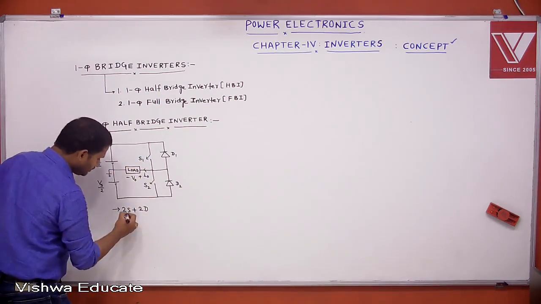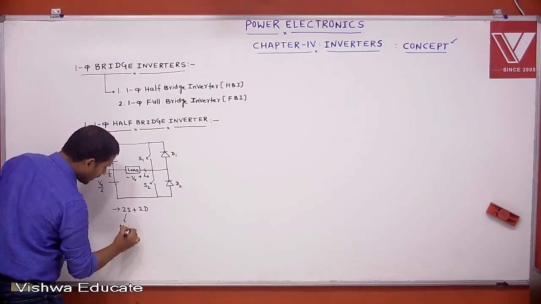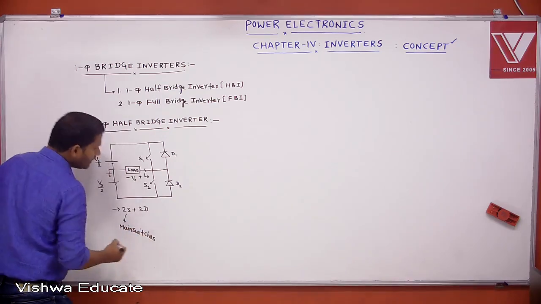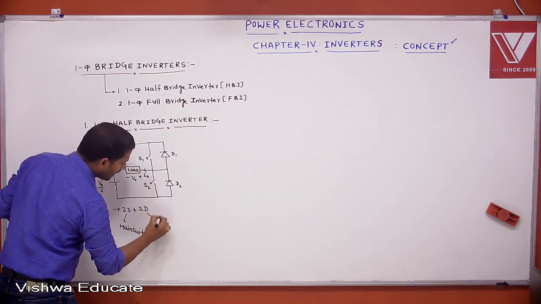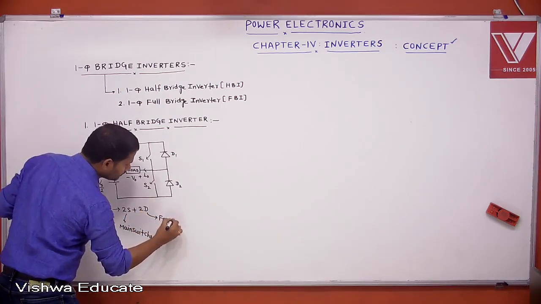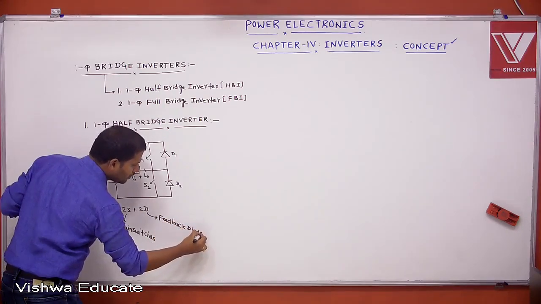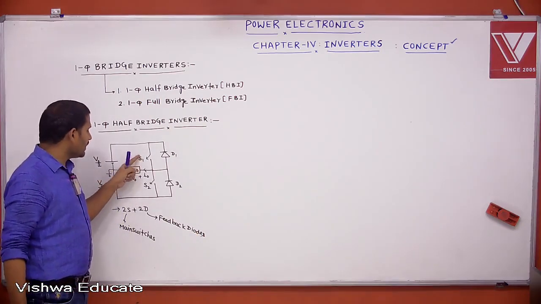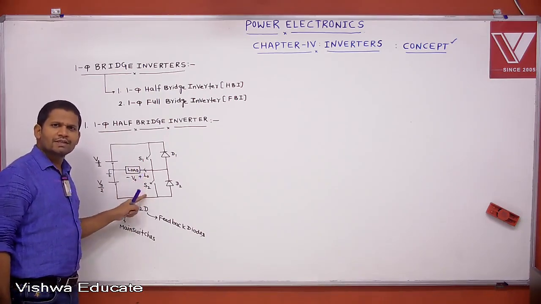It is a combination of 2 switches plus 2 diodes. These are the main switches. Then what about these 2 diodes? These 2 diodes are the feedback diodes. We know that here I am using S1, S2 as the main switches, meaning any semiconductor device is used as a switch.